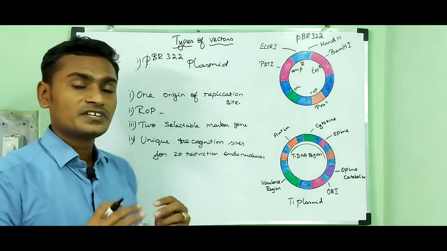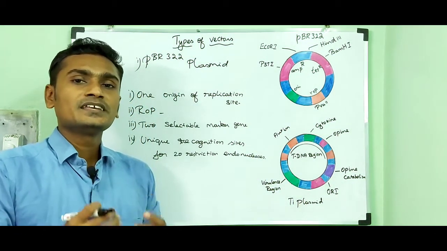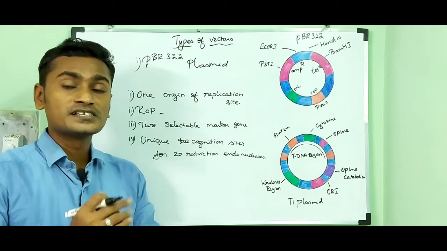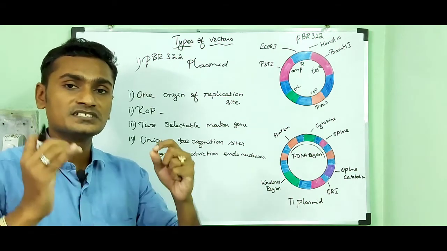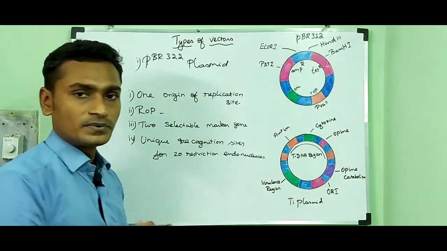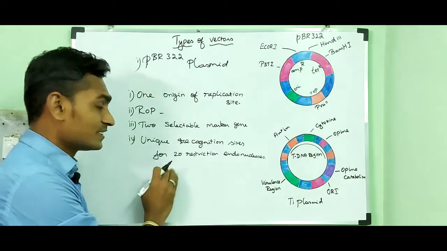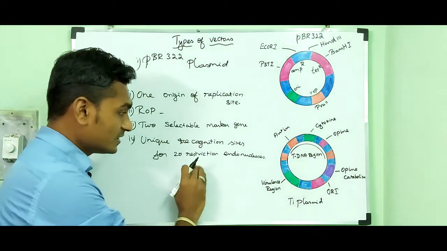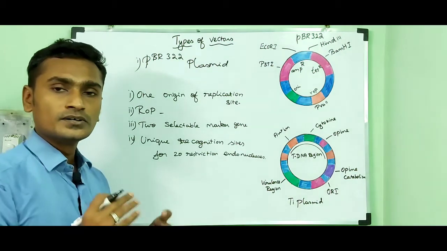That means we can use any kind of restriction endonuclease to insert the gene of interest into the plasmid, because it contains recognition sites for 20 restriction endonucleases.